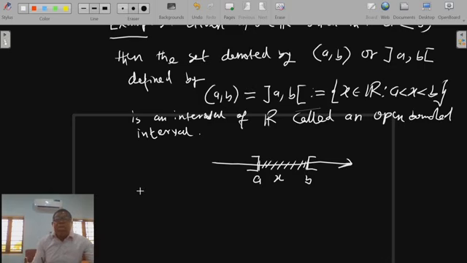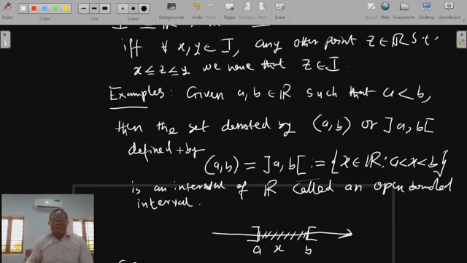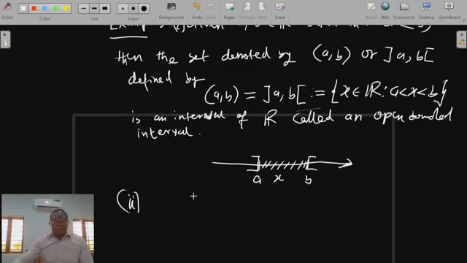The other one, which is also very important, I'll label here I. Why this one is I: here we're given A, B in R such that A is less than or equal to B.